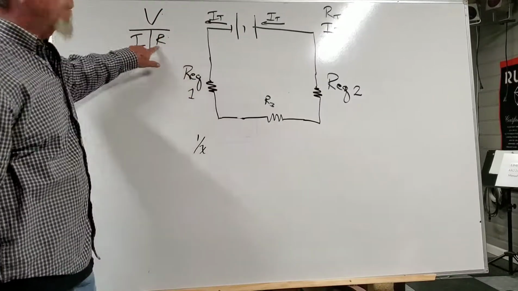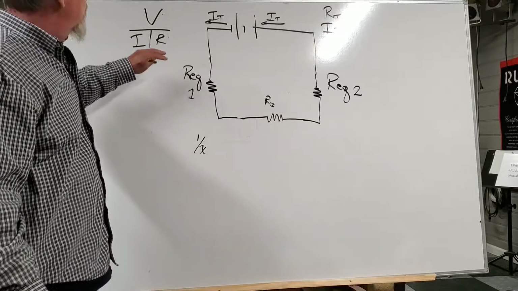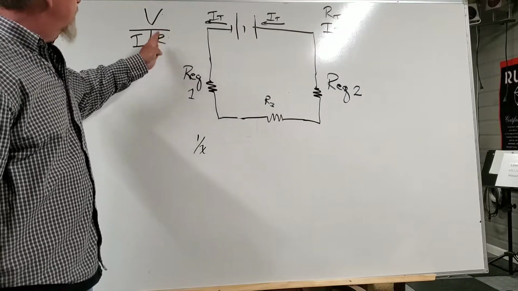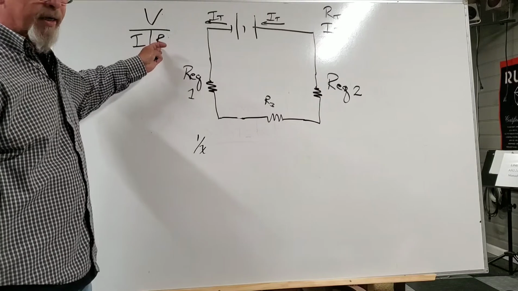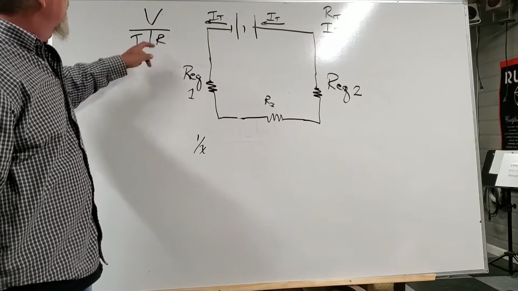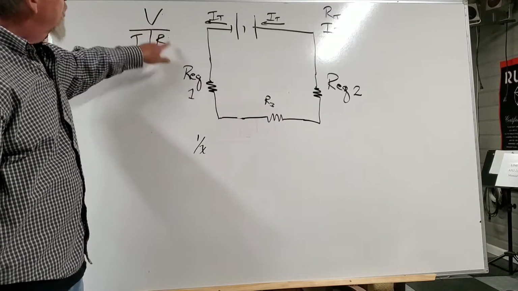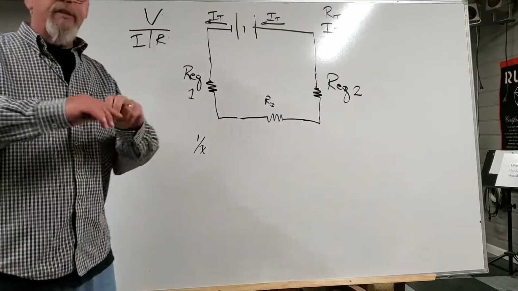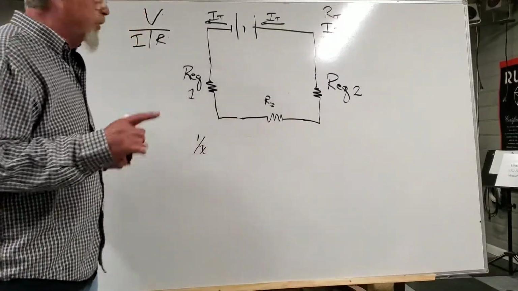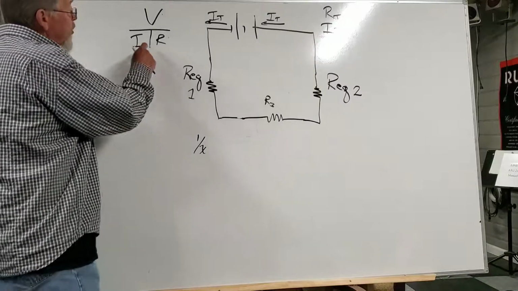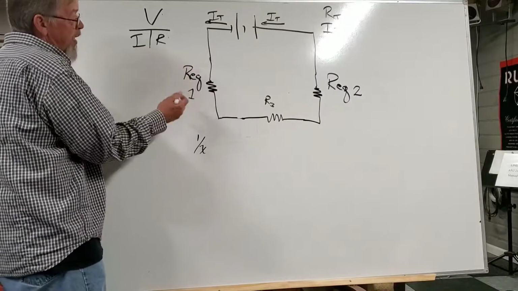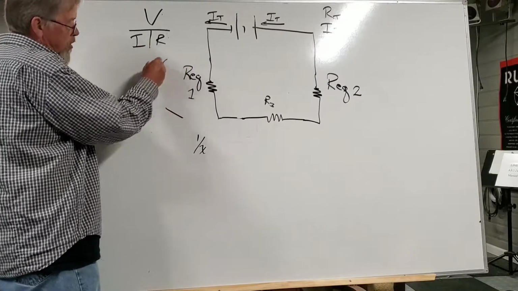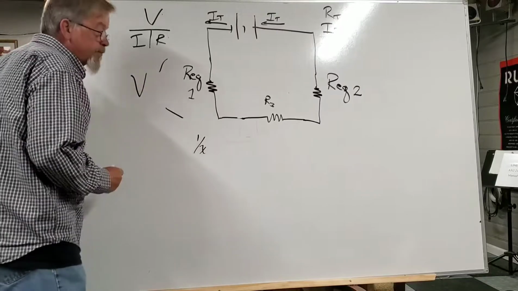I don't care if this is an equivalent resistance. I'm not going to get the voltage or the current, I'm going to get the voltage across the equivalent resistance, and that's it. Okay? But then I'm going to show you something. So here's the deal. I multiply, and that's going to give me the voltage across there.